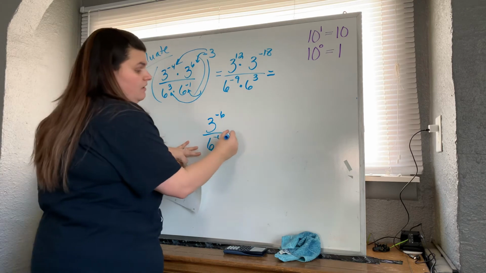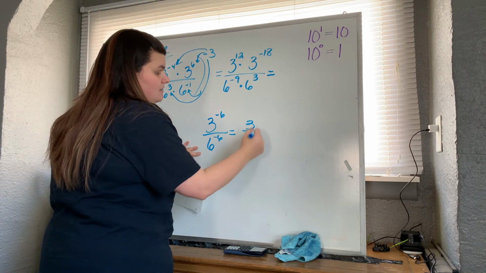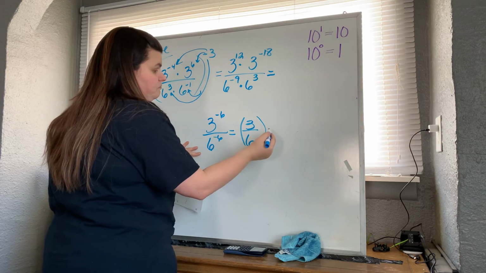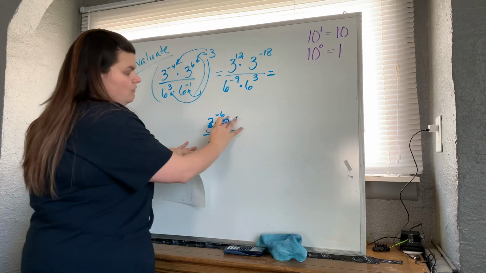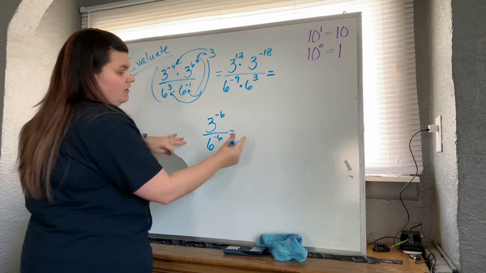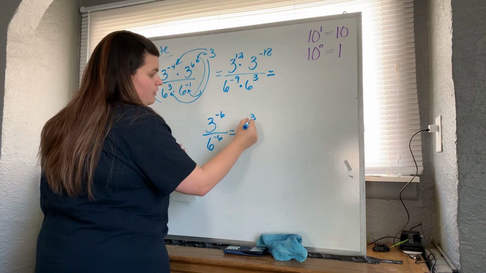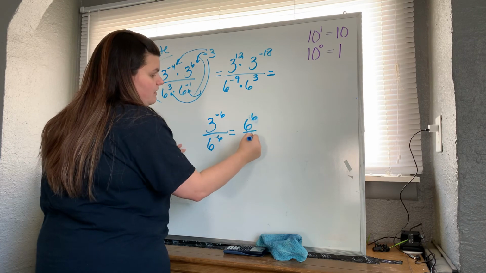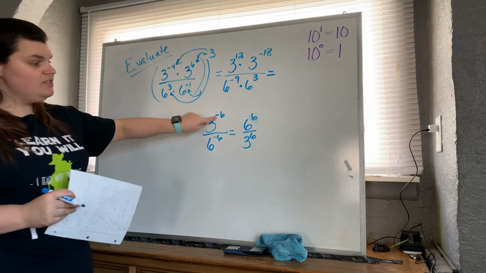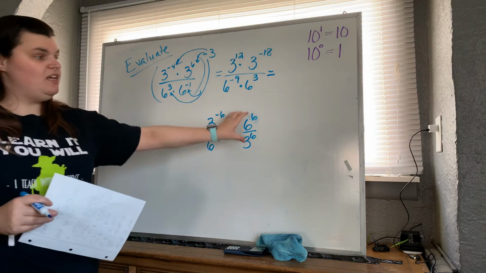So then I can pull that negative 6 away. Actually, no, let's do this first before we do that. Let's go ahead and switch them so the negatives are happy. All right, so we're going to put 6 to the 3rd over, 6 to the 6th over 3 to the 6th. Okay, this was negative, so I switched them and made them positive.